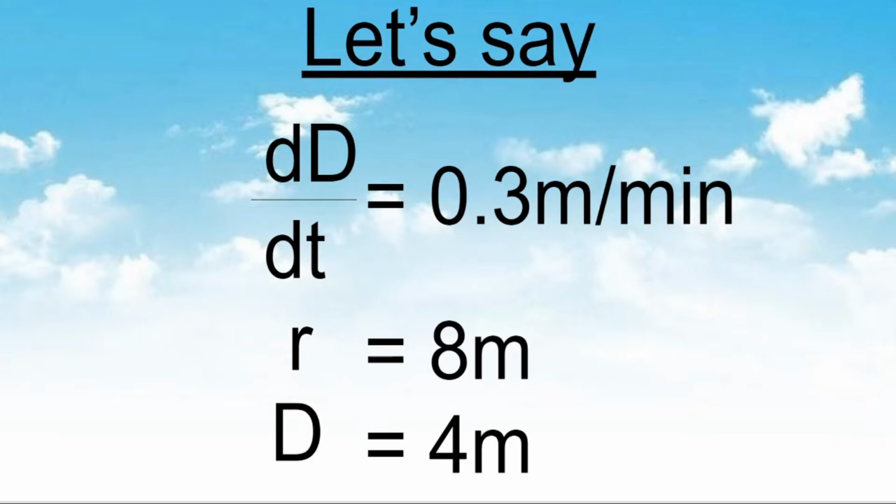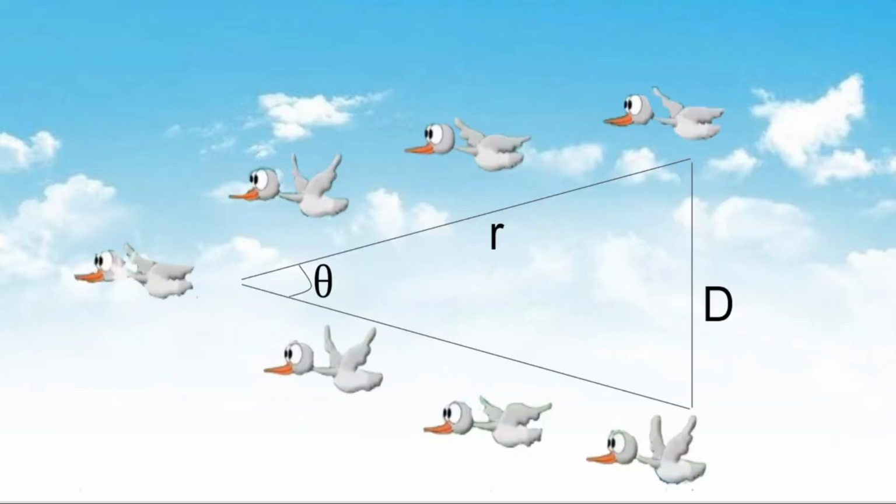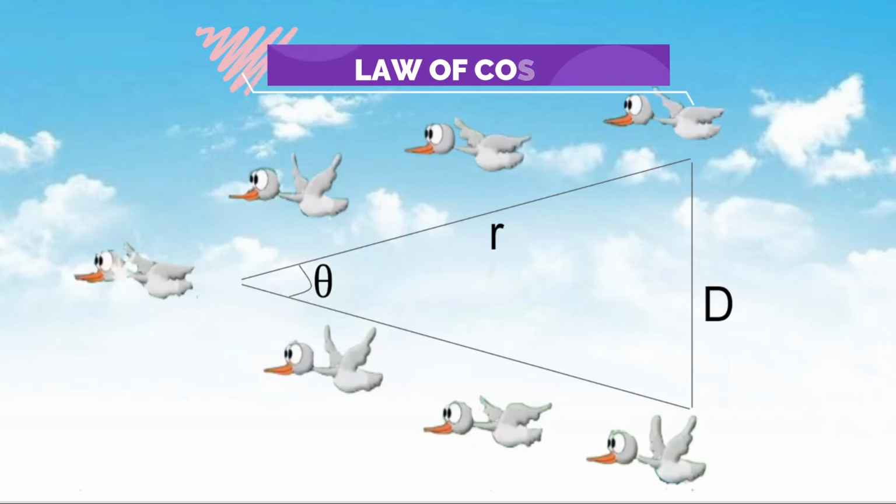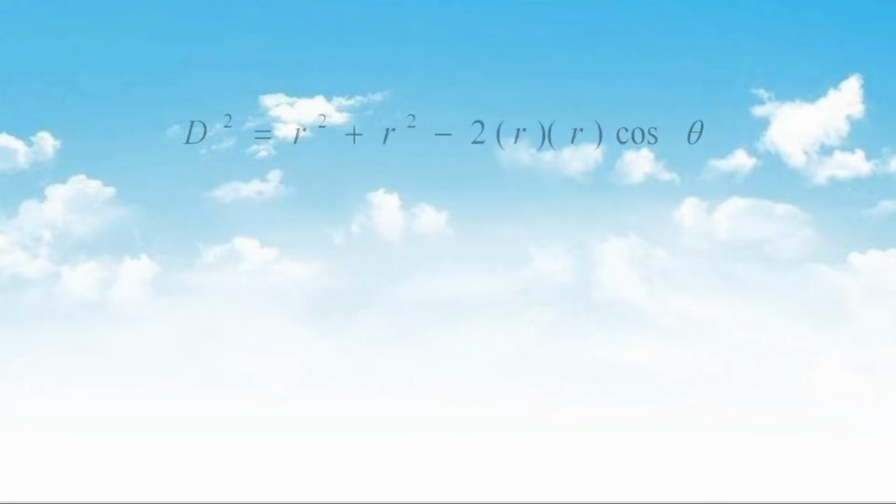An important identity to use in this is the law of cosine, where the angle is in radian. Applying this to the triangular shape shown in the diagram, we have d squared equal to r squared plus r squared minus 2 multiplied by r multiplied by r multiplied by cos theta.